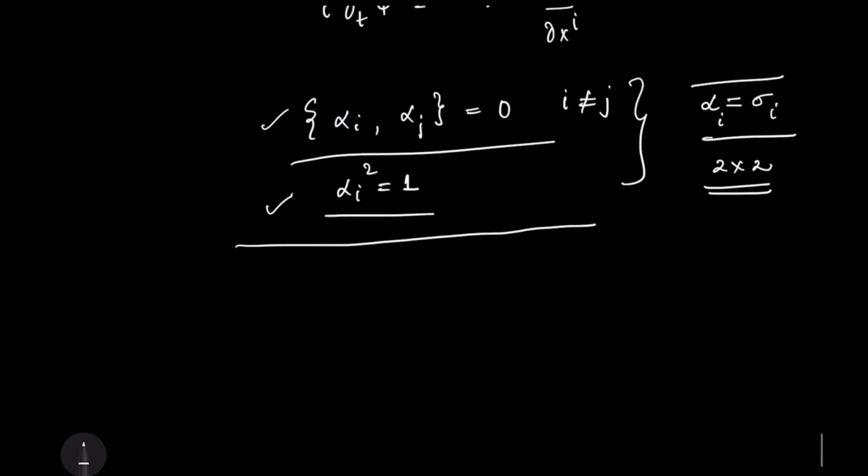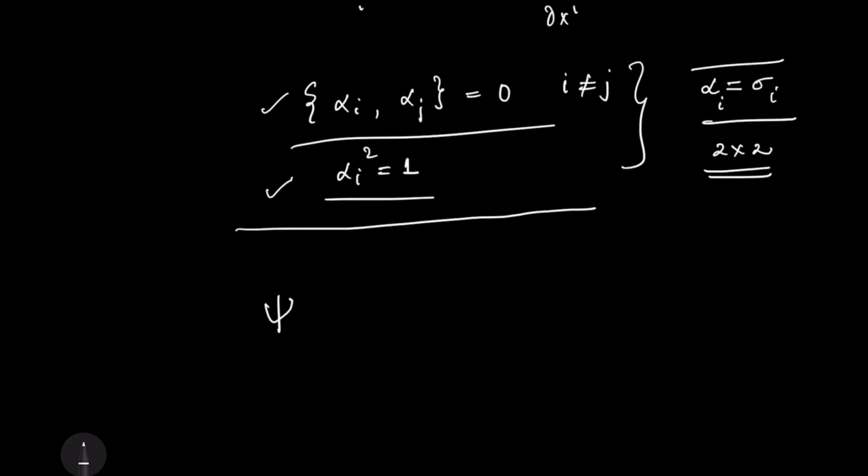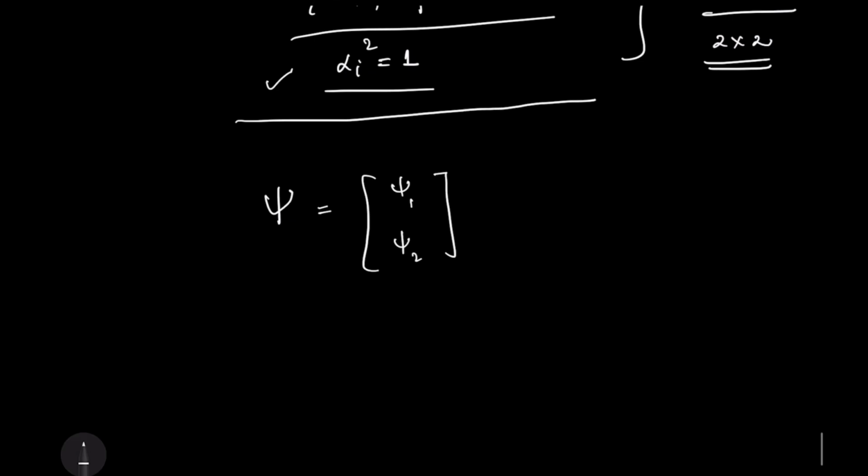And therefore the psi for a massless particle can be described using a 2 component vector, psi 1, psi 2, and they are all complex. So this tells us that a massive particle has more degrees of freedom than a massless particle, right?